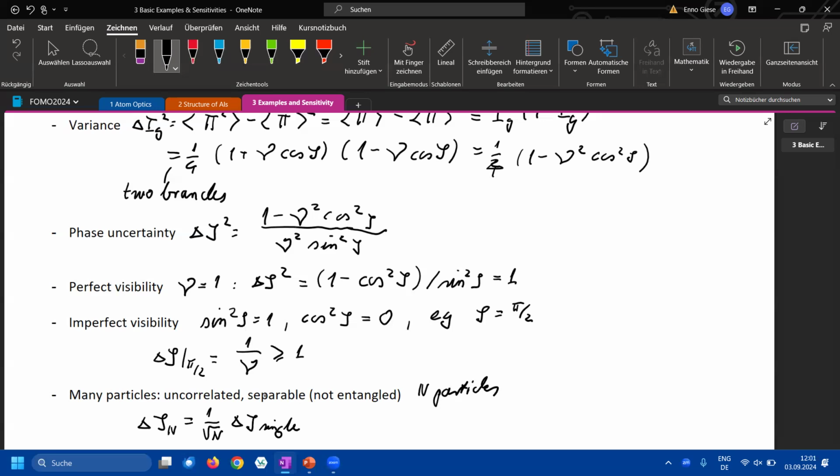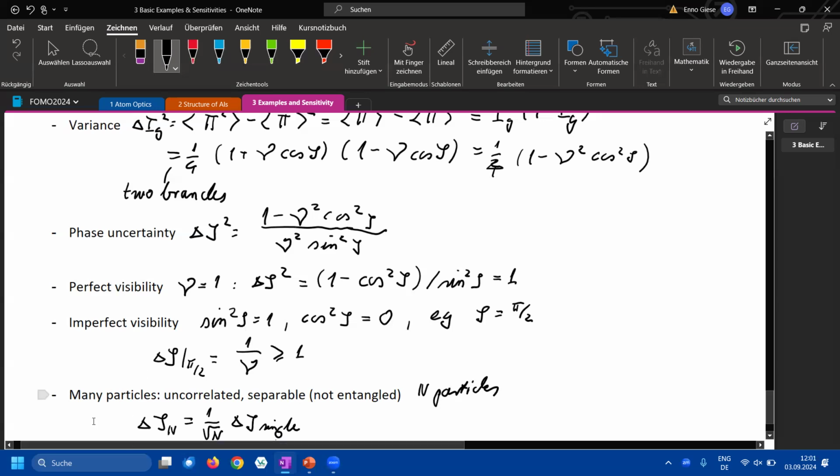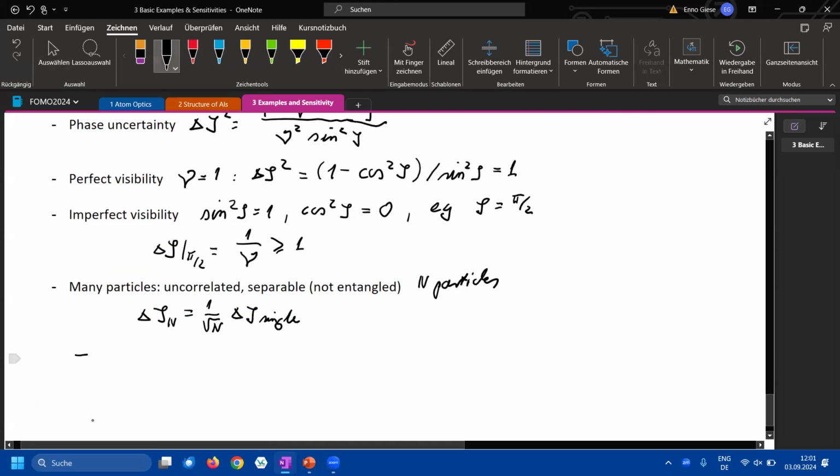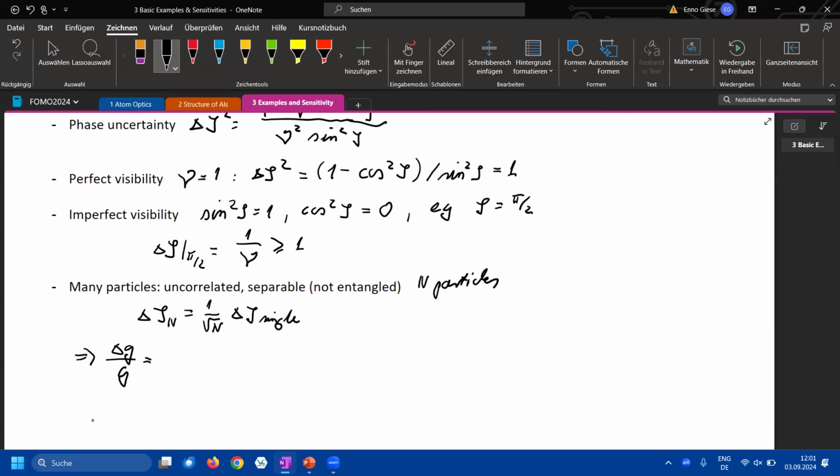What we now observe overall, for example, for a gravity measurement, is delta G over G, the relative uncertainty, which scales with 1 over the square root of the number of particles times the visibility times k g T squared. So we want a lot of atoms.